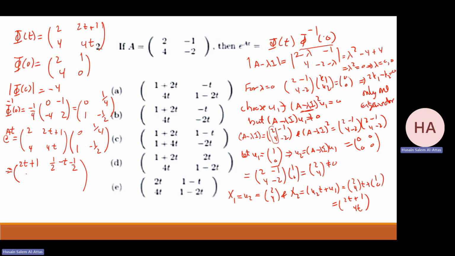This one will be 4t. Good. And this one will be 1 minus 2t. So what are we getting? 1 plus 2t. Here minus t. Here 4t. Here 1 minus 2t. Which is this answer. Good.